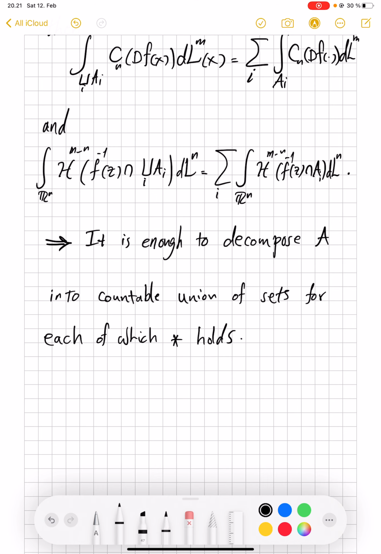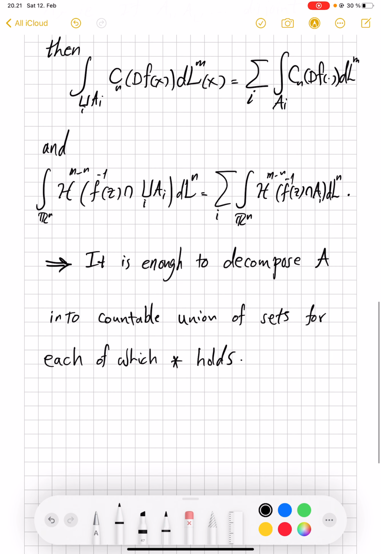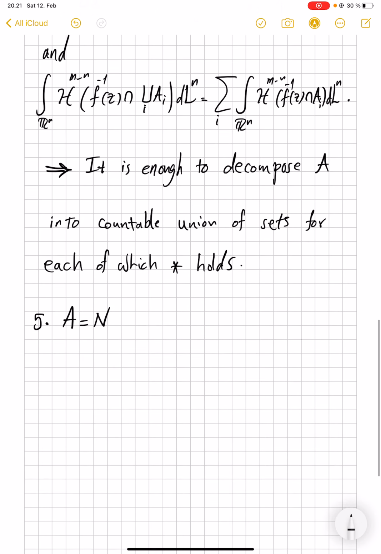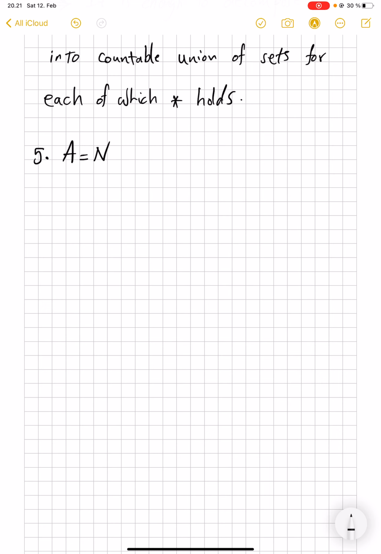And here we begin doing this subdivision. The first subdivision we do will be: we write A as a null set union A0 union A1. The null set could be, for example, the set where the function f is not differentiable.